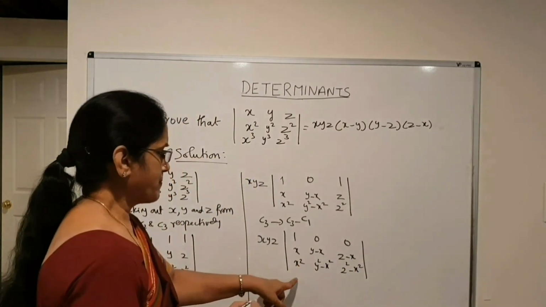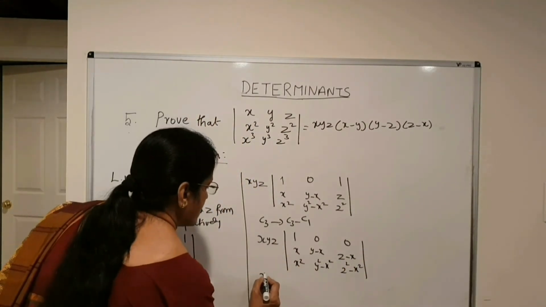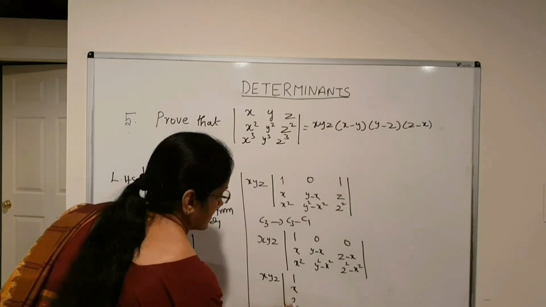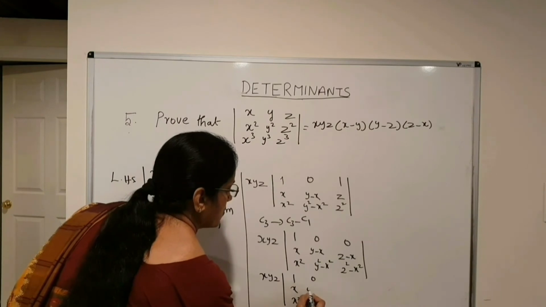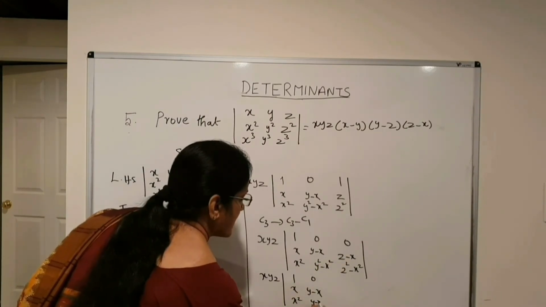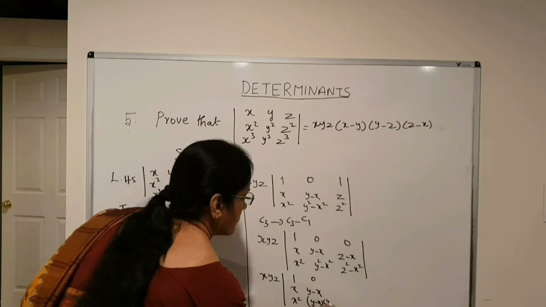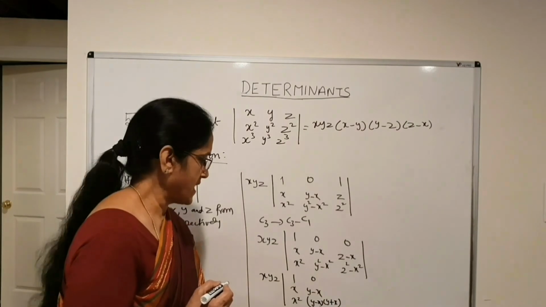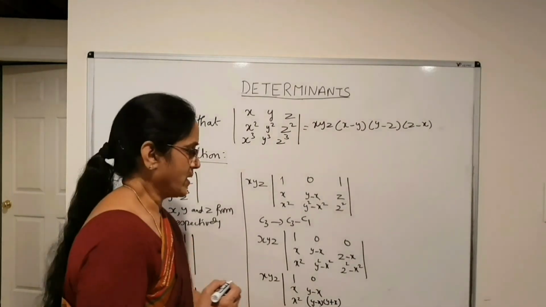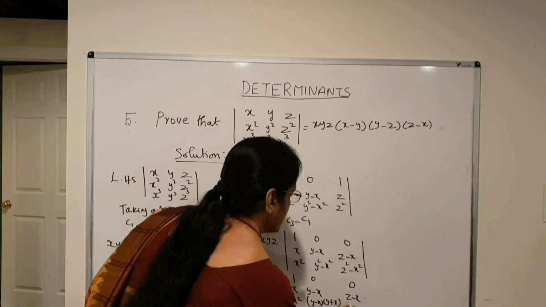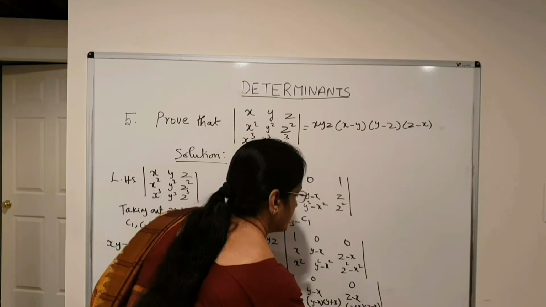This step can be written as x, y, z determinant 1, x, x square, 0, y minus x, which can be written as y minus x into y plus x. I am making use of the rule a square minus b square is a plus b into a minus b. Same way here, 0, z minus x, and this will be z plus x into z minus x.